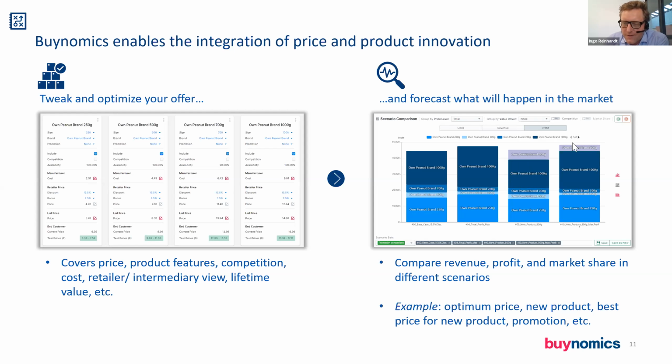And then what's the effect of a combined price and product change? In this example, you see that would be the most profitable option. And it's an option that very often is essentially inaccessible to the organization, because it's very difficult to simulate these effects. That's something that we expect very strongly to be enabled now with the right technology.